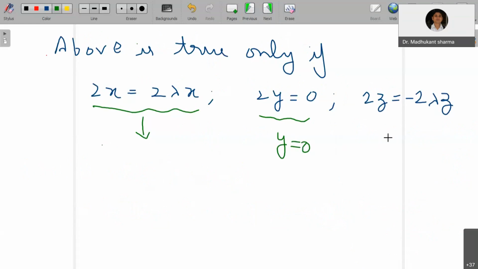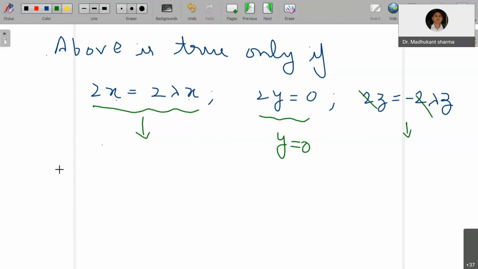Now from the third, these two will get cancelled: z equals minus lambda z. From the first equation, x is non-zero. Why am I taking x as non-zero?